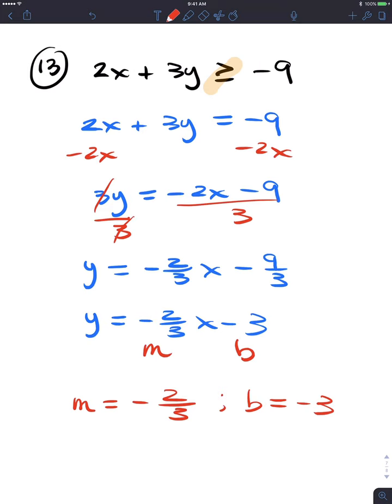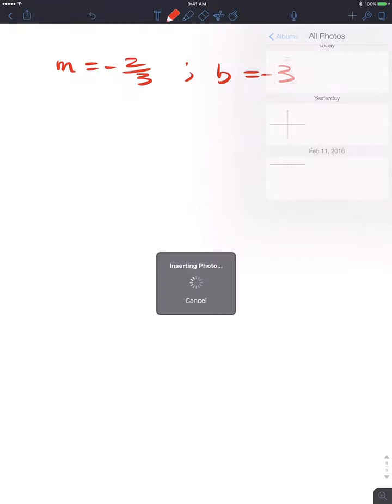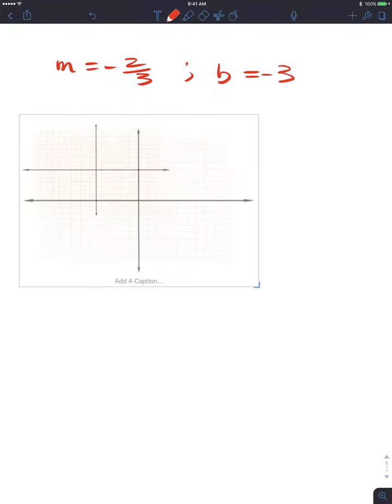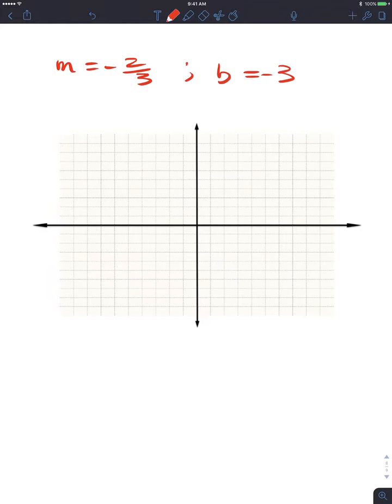We're going to have to graph this. Slope is negative 2/3. Y-intercept is negative 3. Plot where negative 3 would be, 1, 2, 3.